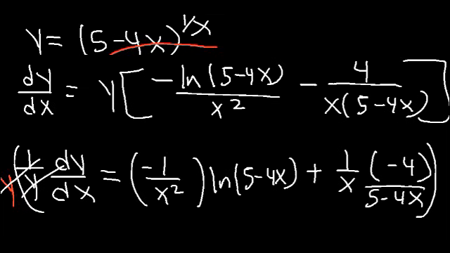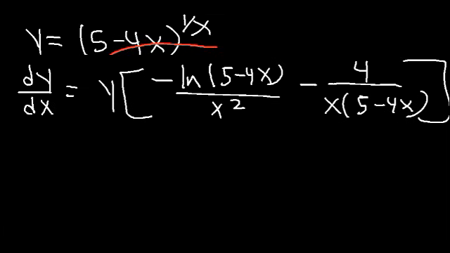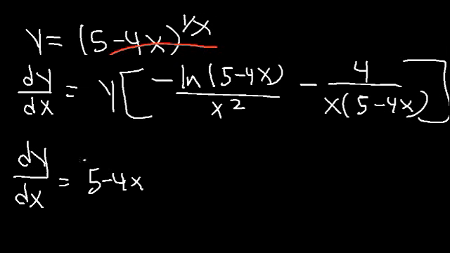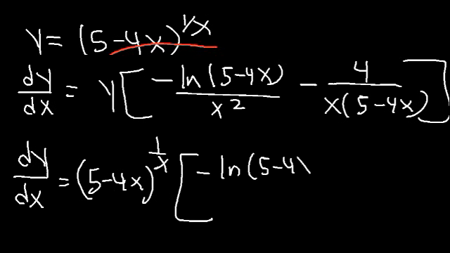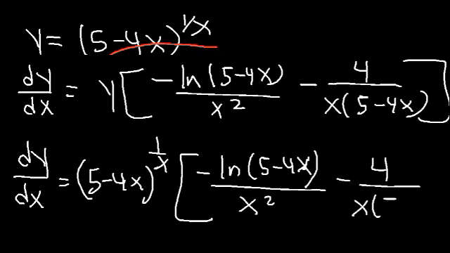So therefore, our final answer for this problem is 5 minus 4x raised to the 1 over x times negative ln 5 minus 4x divided by x squared minus 4 over x times 5 minus 4x. So this is it for this problem.